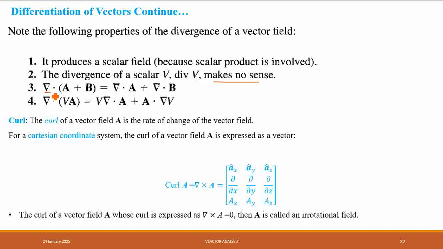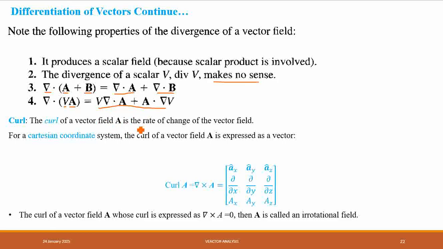Here, for the divergence of A plus B, where A and B are two different vectors, we get the divergence of A plus the divergence of B. If I find the divergence of VA, where V is a scalar function and A is a vector function, so a vector is multiplied with a scalar and then we find the divergence, then in this way we can find it.